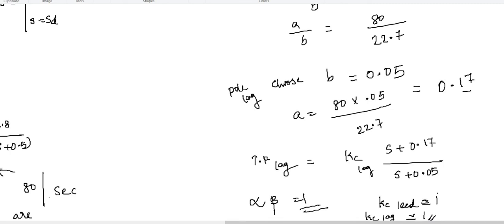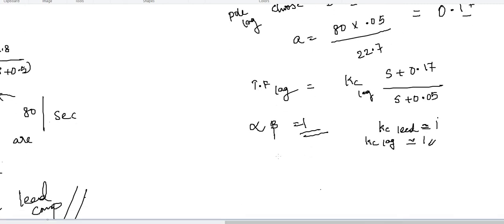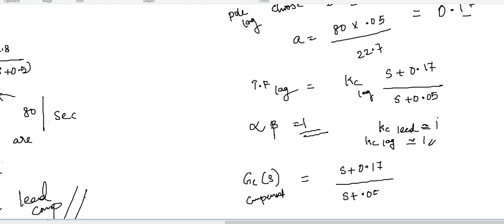So we can write the transfer function of the lag lead compensator as s plus 0.17 divided by s plus 0.05, which is the lag section, into s plus 2.7 divided by s plus 10.